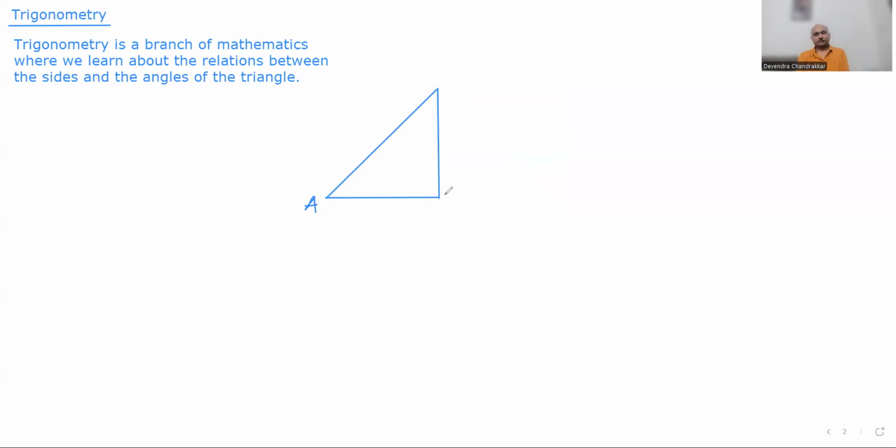This is A, this is B, this is C. The triangle is right angled at B. Now I am taking any of these angles.